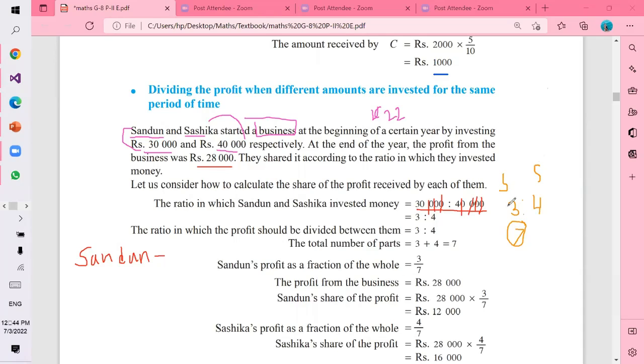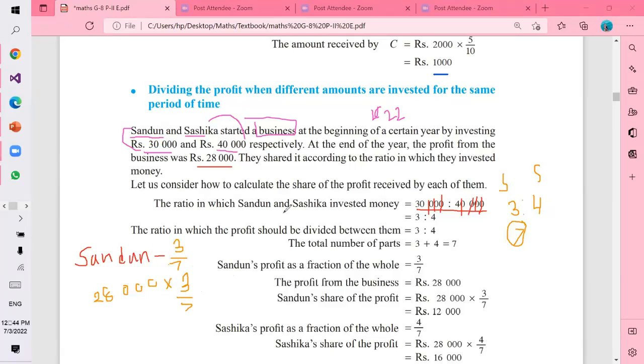Then we take Sandhu's part as the numerator and the total as the denominator. Then what's the fraction? 3 over 7. Then what do we need to do? We need to multiply the profit of the business by that fraction. So the profit of the business is 28,000 and we multiply by 3 over 7.